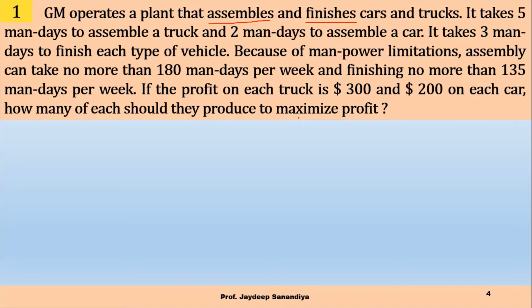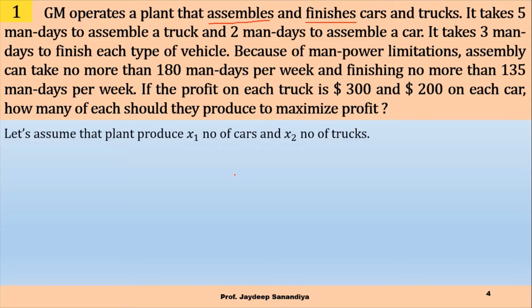Here our decision variable is the number of trucks and the number of cars to be produced, right, in order to maximize the profit. So let's start the problem. Let's assume that the plant produces x1 cars and x2 trucks. So our decision variables are the number of cars and the number of trucks.